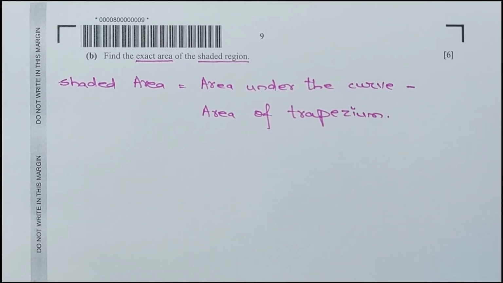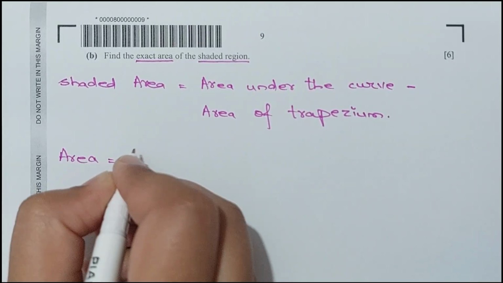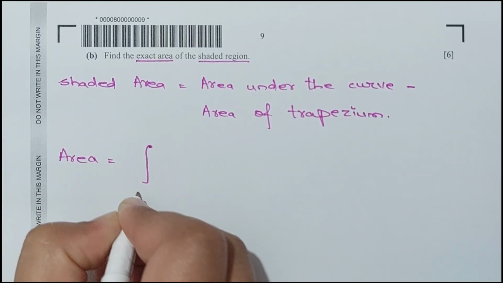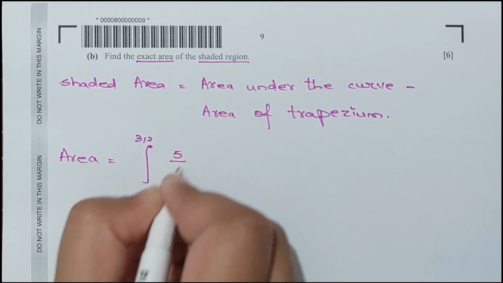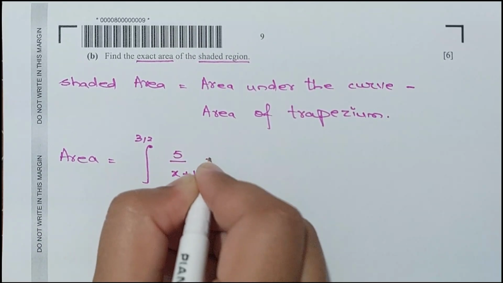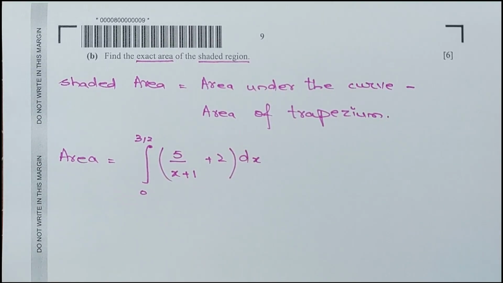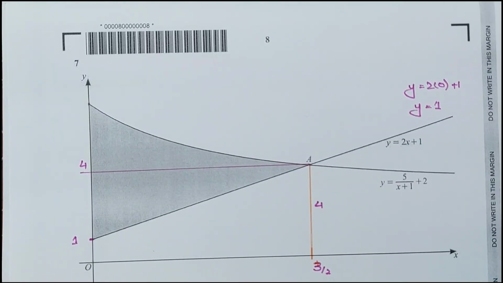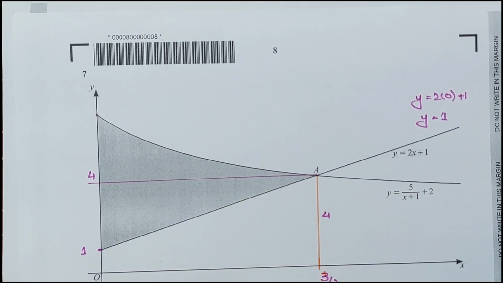Let's find that area. The area under the curve is basically the integration of the curve from 0 to 3 by 2. The curve is 5 over x plus 1 plus 2 with respect to dx. The area under the curve is the integration of this curve from the limit 0 to 3 by 2.